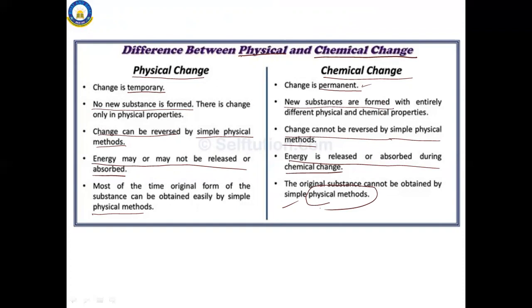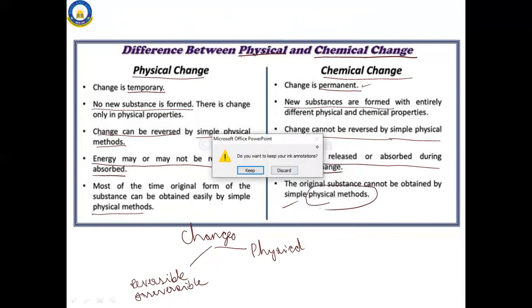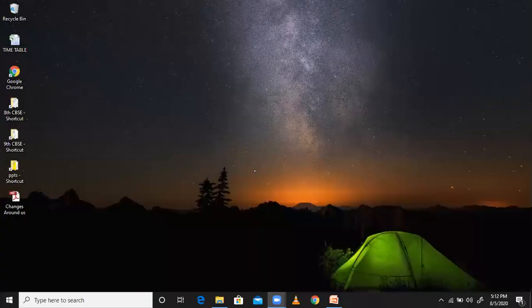And after studying about the two kinds of changes, when I say changes, there will be two classifications. One, we call it as a reversible change, and second one we call it as irreversible change. And we had studied another set which we call physical change.